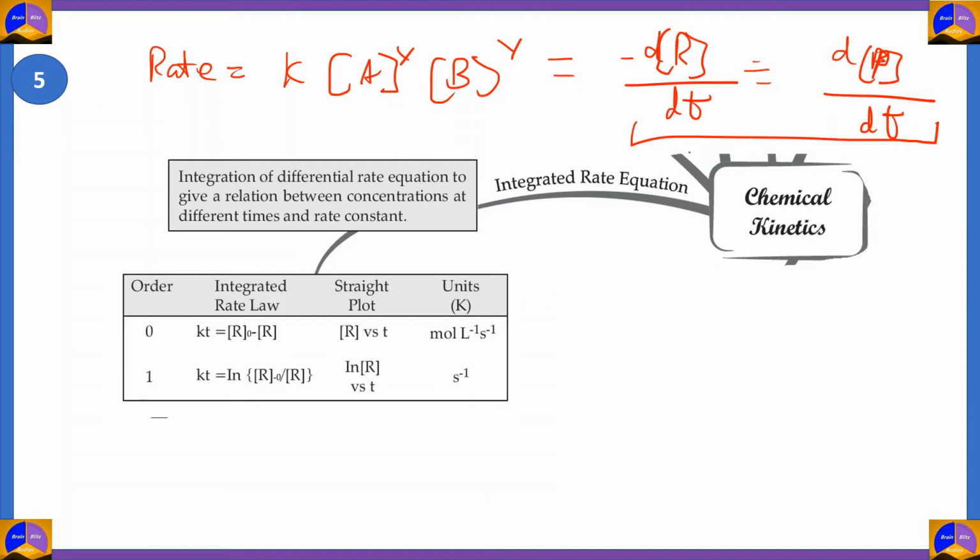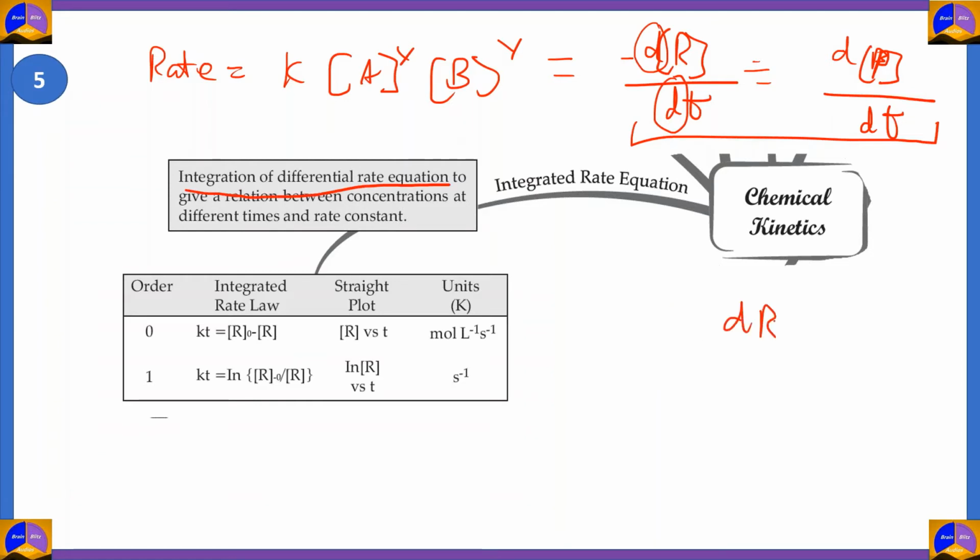So what happens when we integrate these to remove the differentiation, the d's here? This is at a particular time period, so when we integrate, we try to stretch it over a broad time period. The integrated rate equation is the rate equation which is formed by the integration of the differential rate equation.